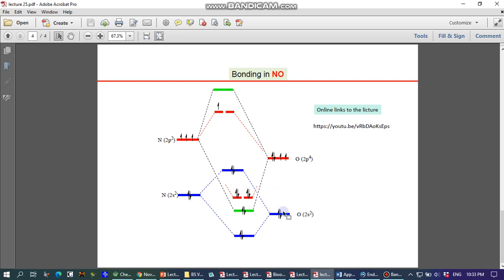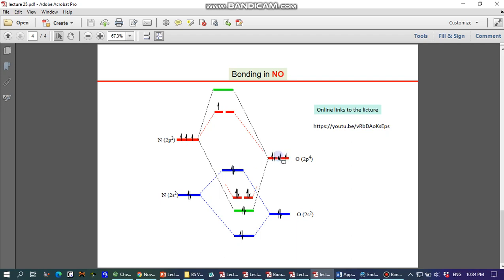Now we have to place these electrons in the molecular orbitals. We have four total electrons in the s subshells of oxygen and nitrogen, and while placing these 4 electrons, we have to accommodate 2 electrons in the lower energy level and 2 electrons in the higher energy level.